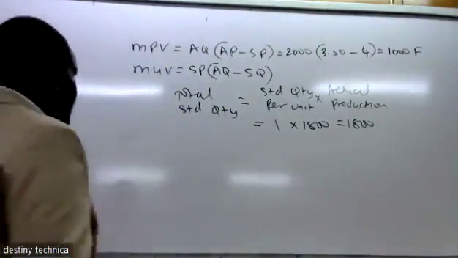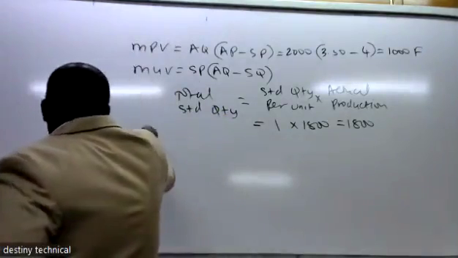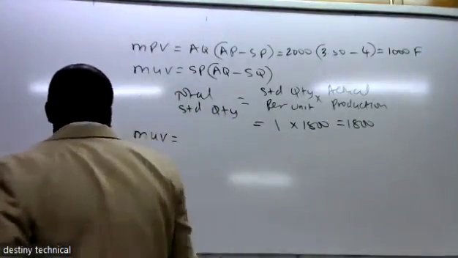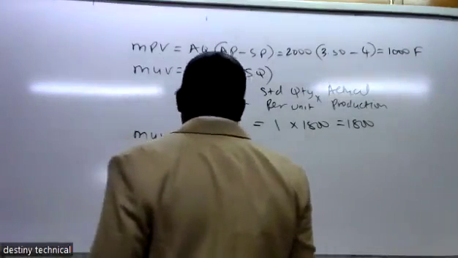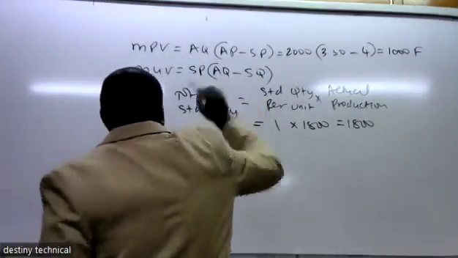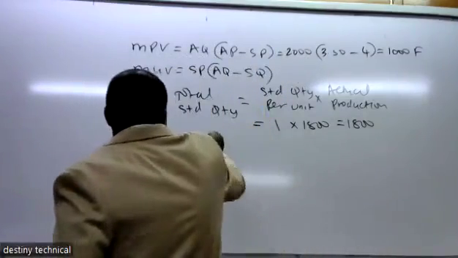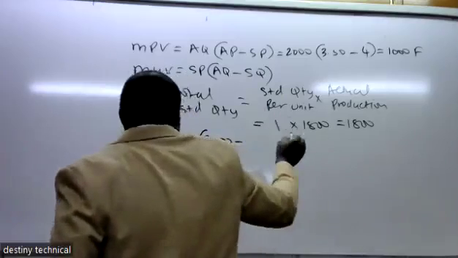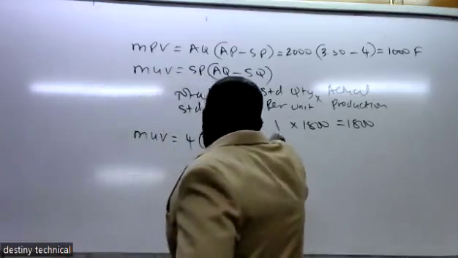So now to calculate our material usage variance. The standard price is meant to be from up there. Actual quantity is 2000, and the standard quantity is 1800.